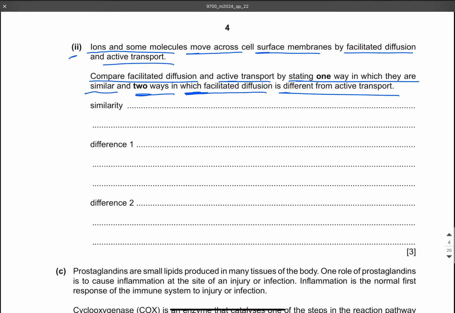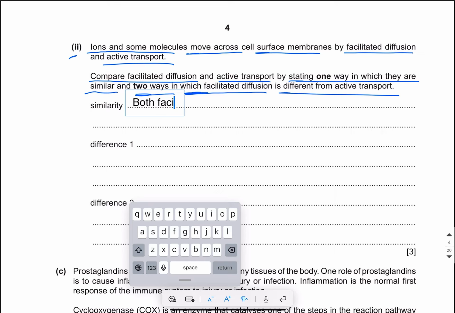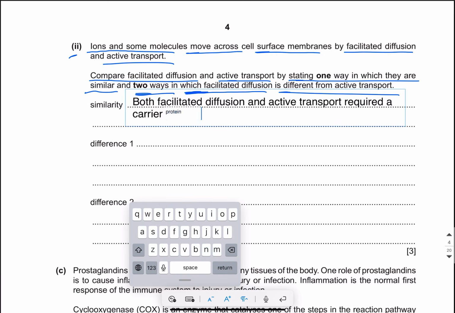So we can write as a similarity that both facilitated diffusion and active transport require a carrier protein in the cell surface membrane.